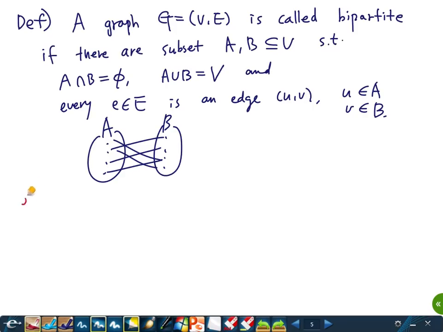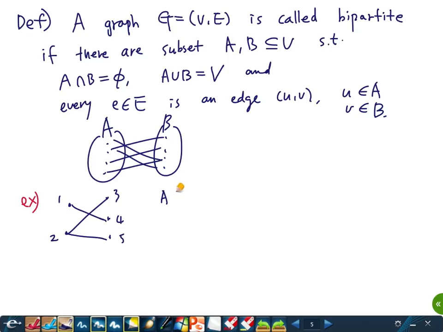Let me show you some examples. 1, 2, 3, 4, 5. Suppose that our graph looks like this. Is this bipartite? Can you divide this into two groups, two sets satisfying these relations?